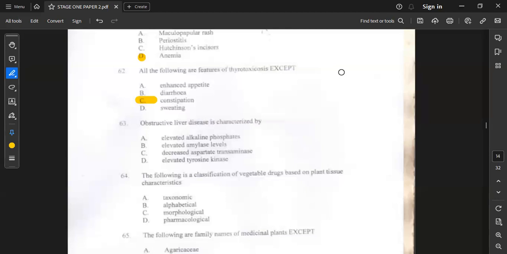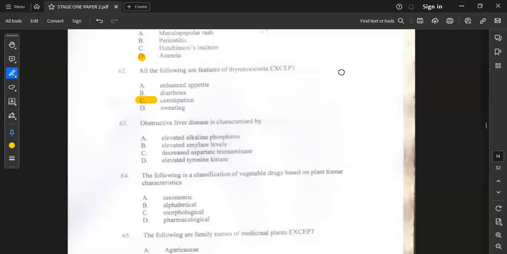Obstructive liver disease is characterized by elevated alkaline phosphatase, elevated amylase levels, decreased aspartate transaminase, or elevated tyrosine kinase. ALP will be high.